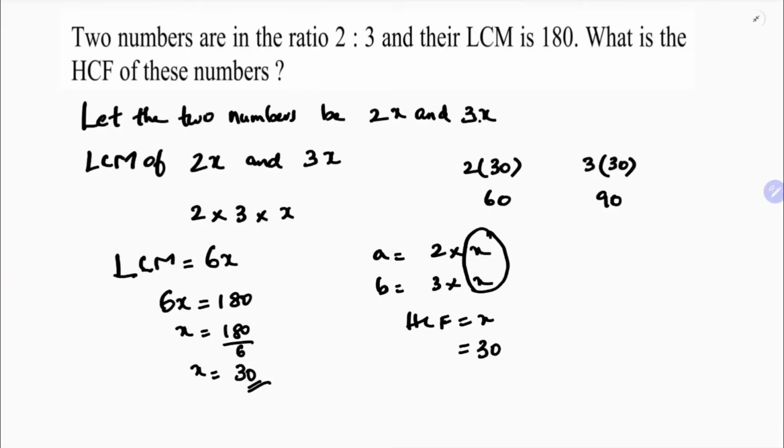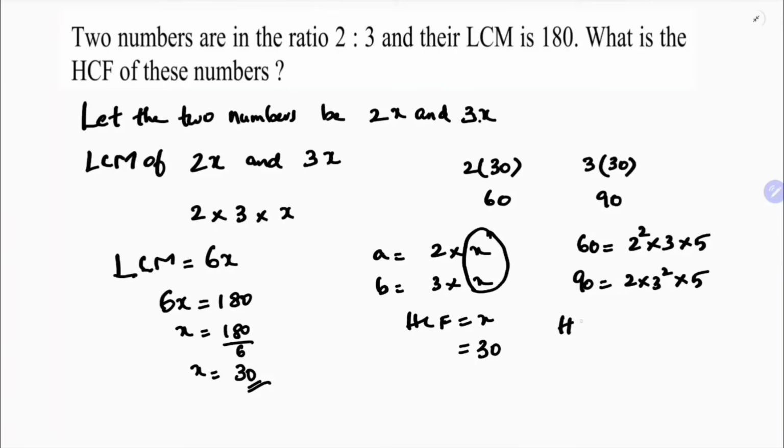Otherwise, you can calculate for 60 and 90. For 60, the prime factors are 2 square into 3 into 5. And for 90, the prime factors are 2 into 3 square into 5.